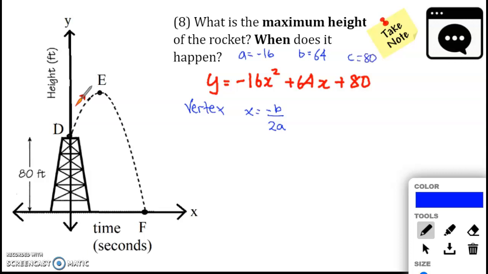Okay, so b is 64, but there is a negative sign there, so it's going to be negative 64 over 2 times a is negative 16. So that's going to be negative 64 divided by 2 times negative 16 is negative 32. So 64 divided by 32 is 2. Negative divided by negative is positive. So the x coordinate of the vertex is going to be 2.